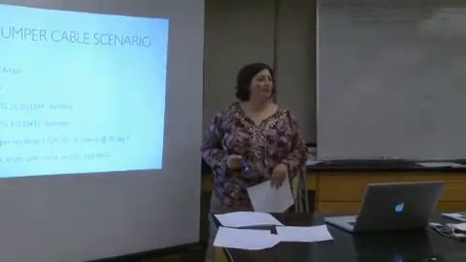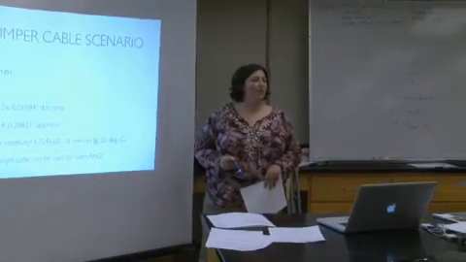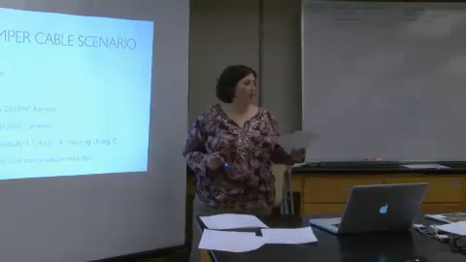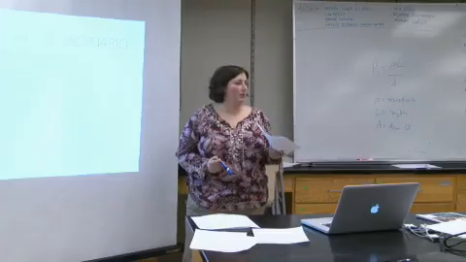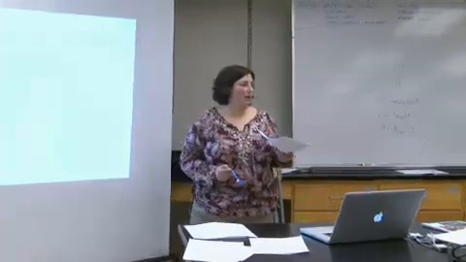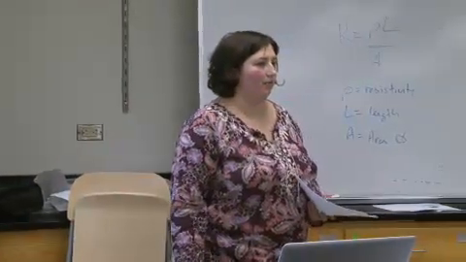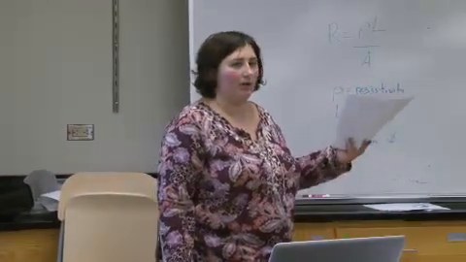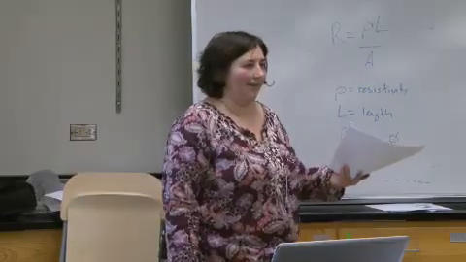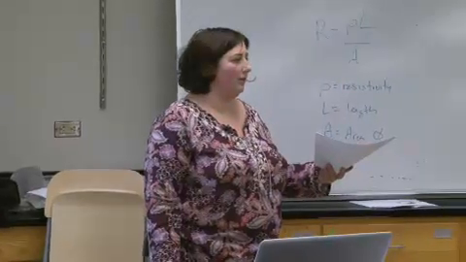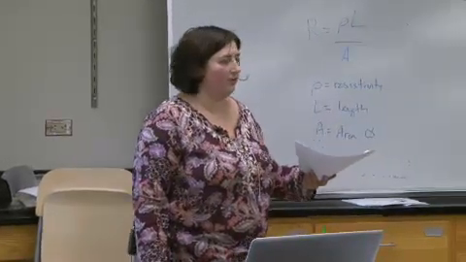You can define how much you can lose, because this is intentionally open-ended. But if 100% of your power is going to heat, that's a problem, right? So set what percent can go to heat, and then figure out what length you can use.